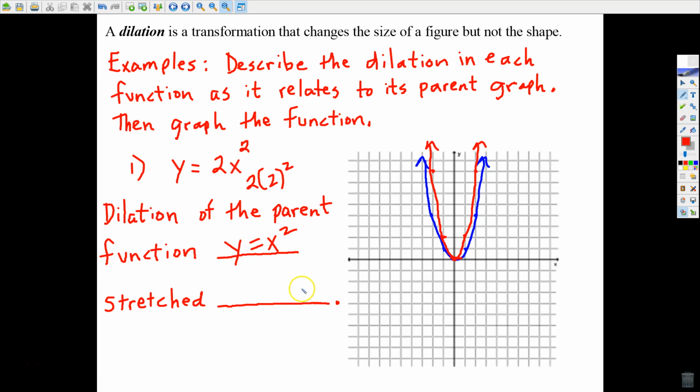Hopefully you saw that. When there's a number in front of x squared, or the absolute value of x, it really doesn't matter, and it's greater than 1, we call this vertical stretch. Or to stay in context here, I'm going to say the function is stretched vertically. That's just another way of saying that the original parent is getting skinny.